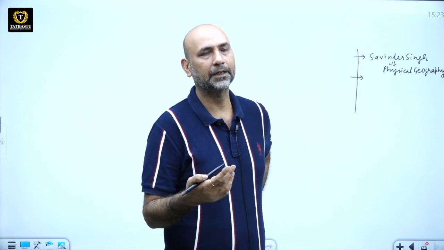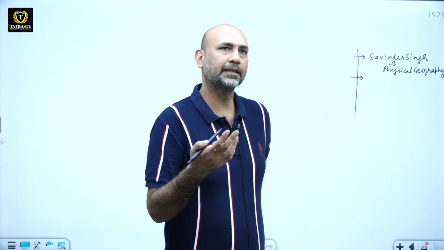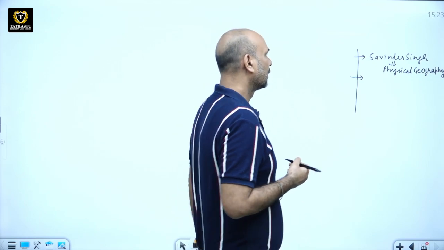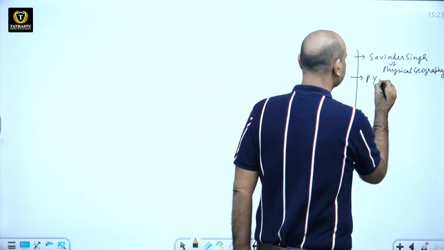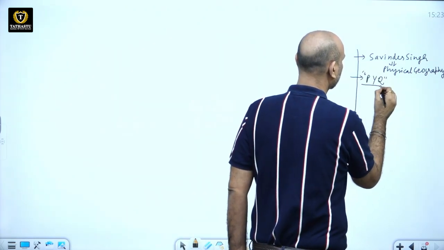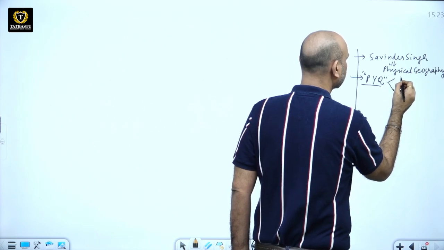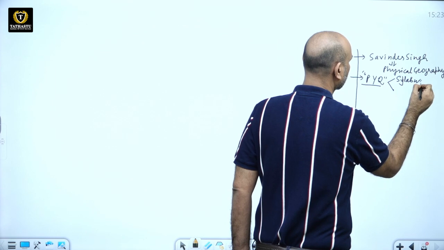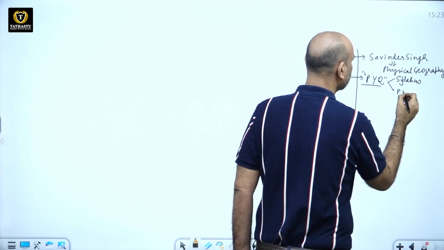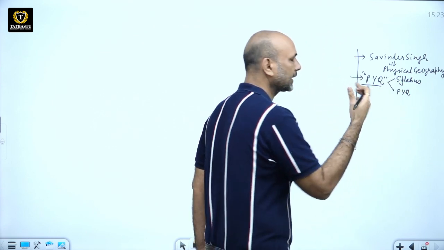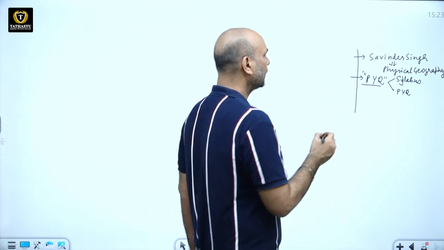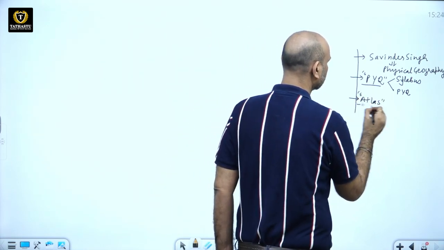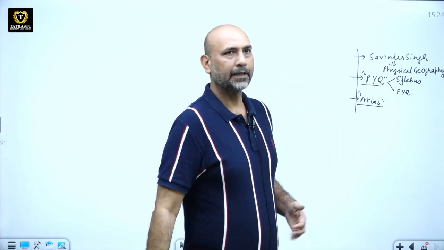There I will give you the specific topics. In the class itself it will be taught with length and depth. Then PYQ, that covers both syllabus as well as previous year's questions on different sections of the geography. And one more is Atlas. These 3 things.